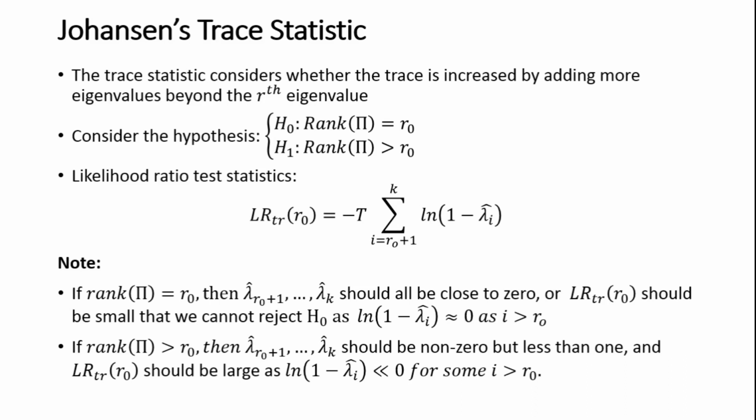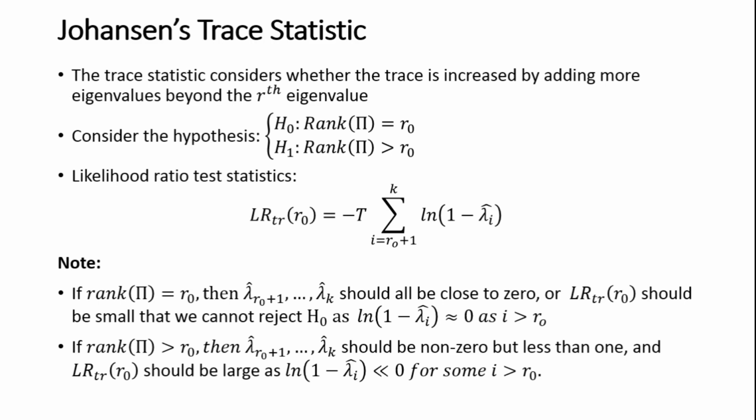So we have the Johansen trace statistic. The trace statistic considers whether the trace is increased by adding more eigenvalues beyond the r0 eigenvalue. Consider the hypothesis: the rank is r0, or greater than r0.